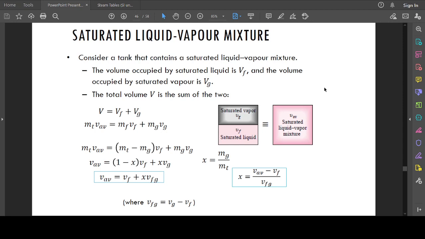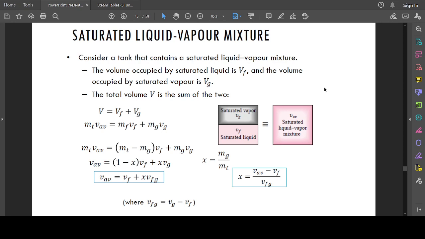The total volume V is the sum of the two, which is V equals Vf plus Vg. Now we can expand that. Since we know the unit of volume is meter cube, if we know the total mass of the system, which is the mixture of liquid and vapor, then we call that MT, the total mass, times the average specific volume.